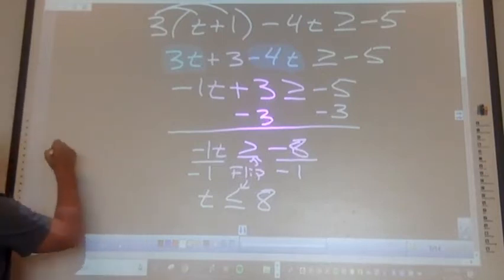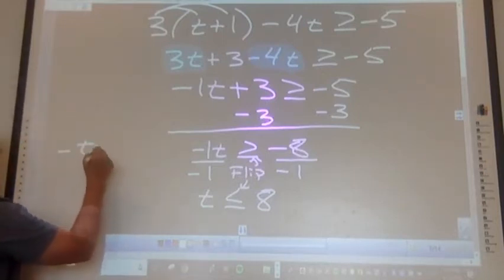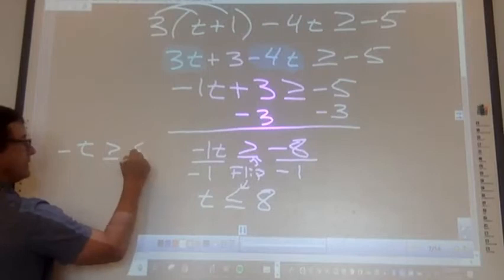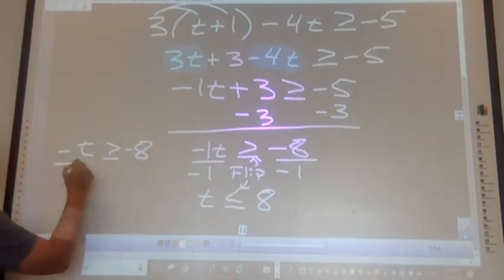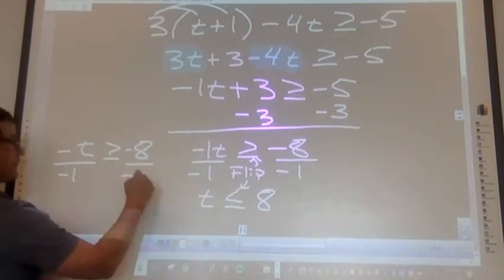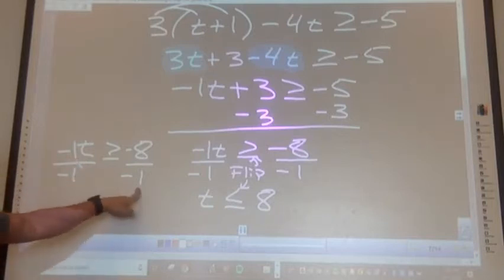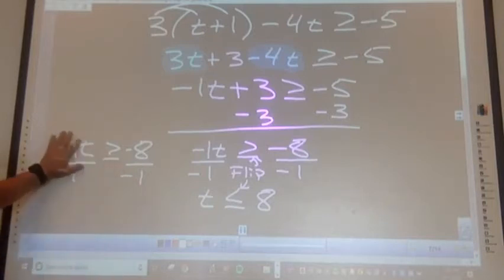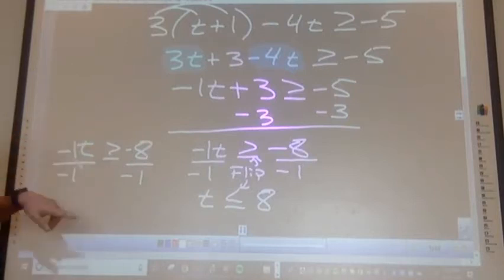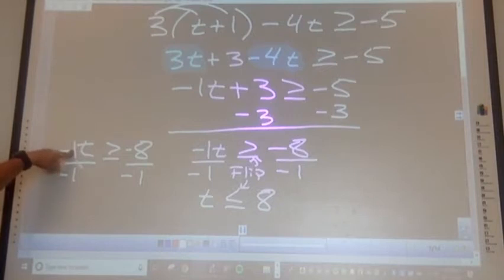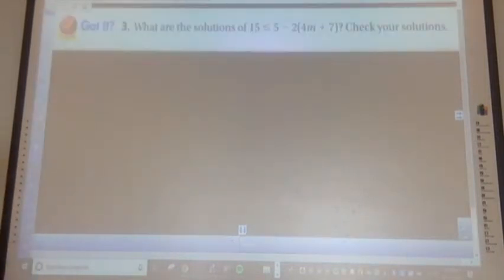So if you had, at this step, a negative and a t, you would still have to divide by -1, because that 1 right here is kind of implied. It's not always there. Sometimes it is, sometimes it isn't. So that's why you got to divide by the -1. Because if you divide by negative t, the variable goes away. You just have 1 over here instead of t. That's why you can't do that.